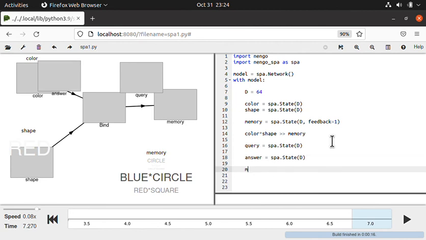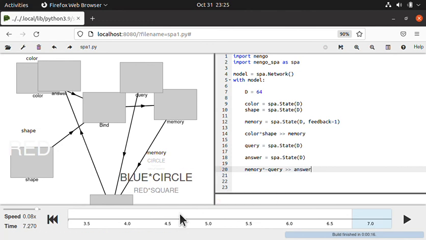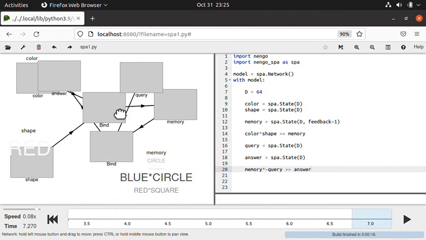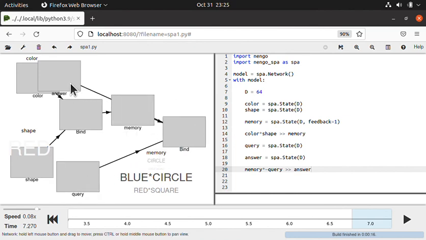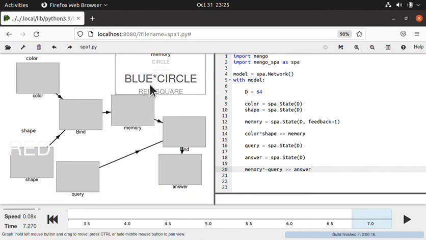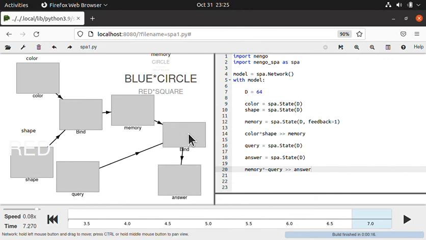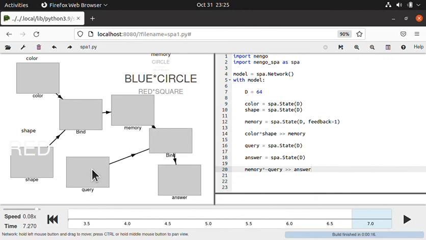And what I want is to take whatever's in my memory and combine that with the inverse of my query and send that to my answer. Bind query answer. Cloud query, cloud for my answer.